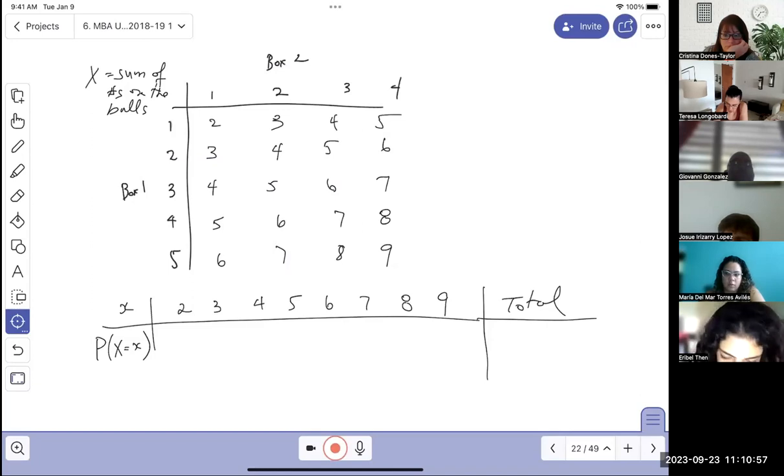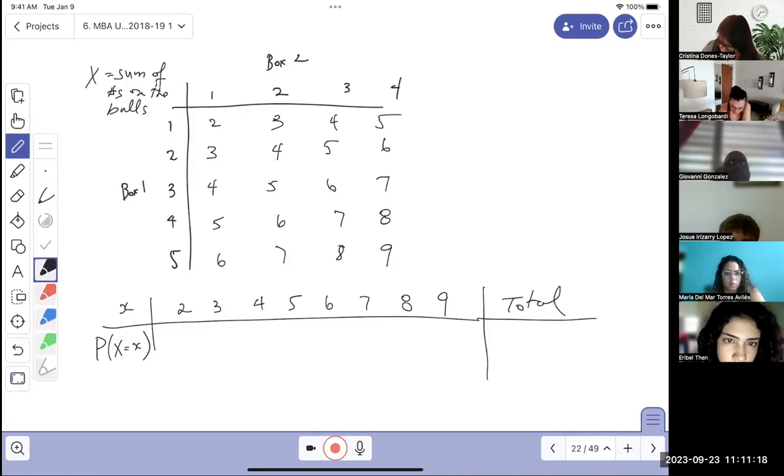So there's 20 possible outcomes. But now, or there was for the last exercise, but now there are only 1, 2, 3, 4, 5, 6, 7, 8. So some of them are more likely, correct?